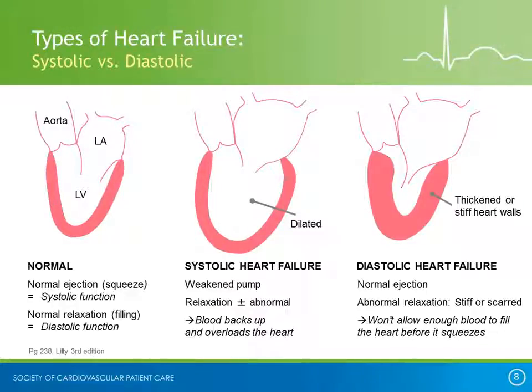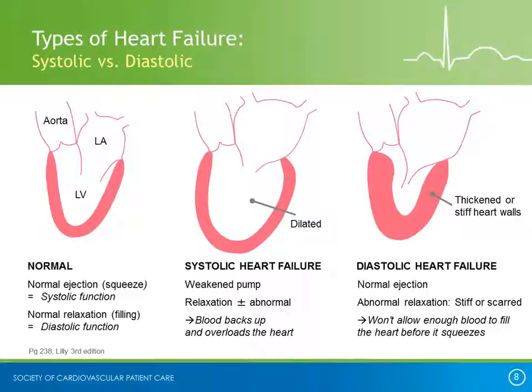When we look at heart failure, we look at two different ways to define heart failure. It's either a problem with the filling or it's a problem with the pumping mechanism of the heart. So you'll see on the far left-hand side a normal heart image or normal heart muscle. So this heart would have a normal ejection fraction, normal squeeze, and normal filling.